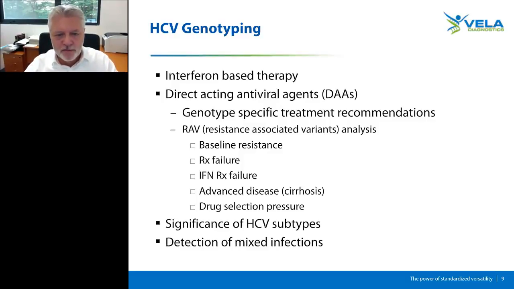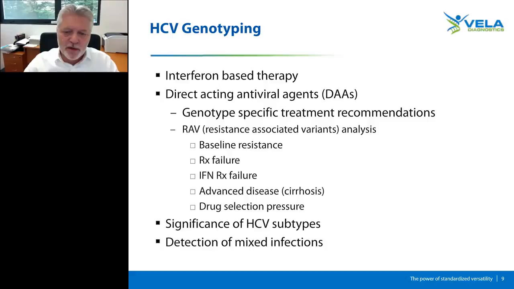Also, RAVs exist in several regions of the virus and may cause some problems in patients, especially in those who have already failed interferon therapy. There are other reasons for failure. There are increasing numbers of baseline resistance, which is now being elucidated with the advent of the new technologies.